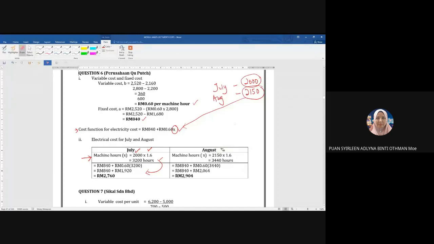Ada yang tak faham? Nak madam explain? Ni clear? Boleh. Okay. Hamsina. Hamsina ada? Madam, boleh nas. Apa sajalah si Rafi ni. Apa dia, Fi?